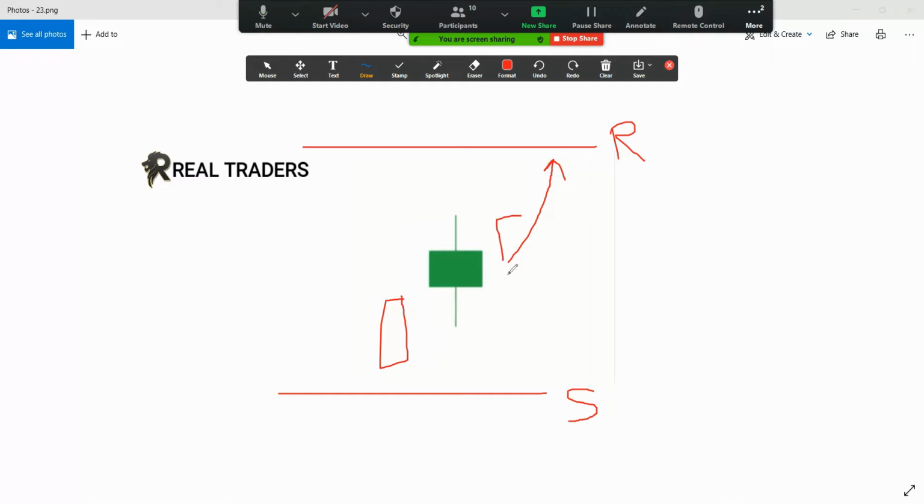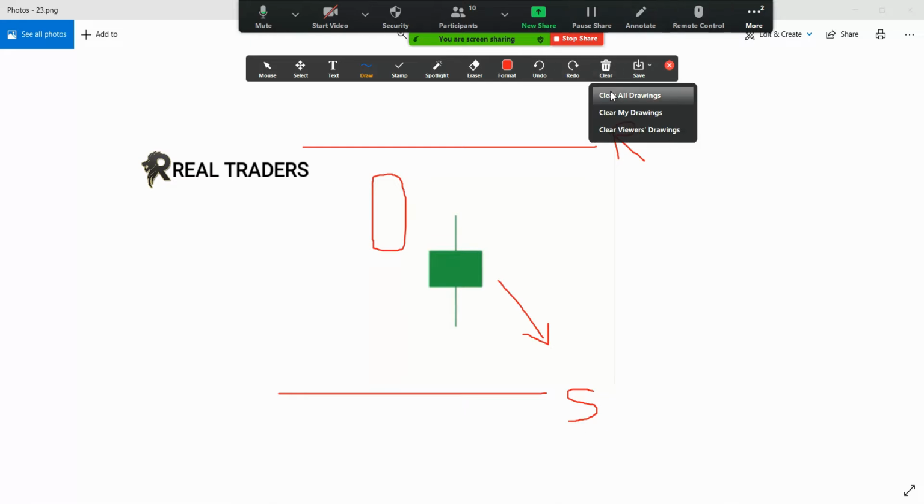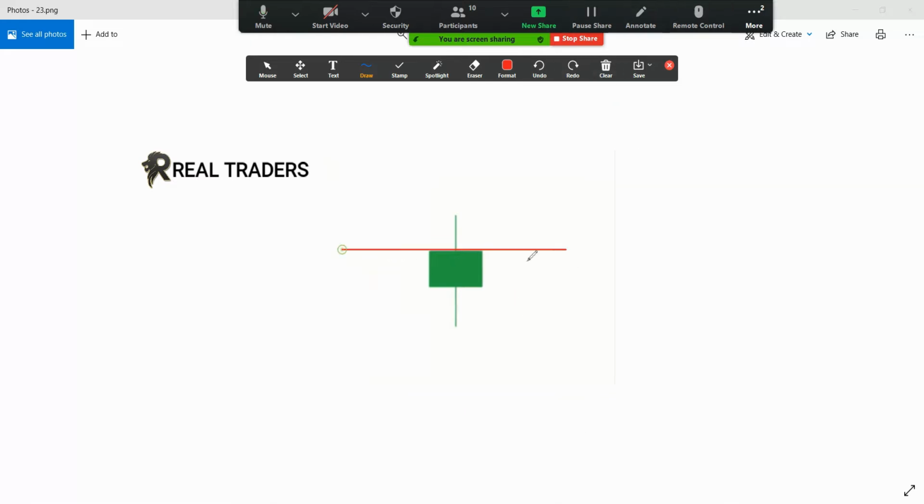Or if there is a downtrend, it will continue till it reaches the support, and at the SNR level it will reverse the market.